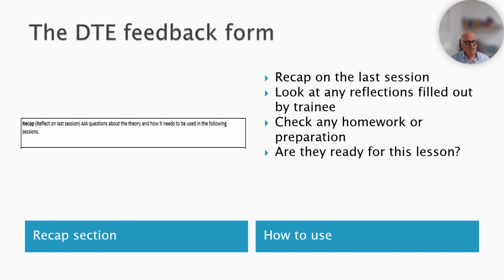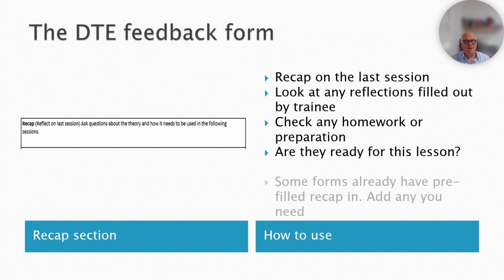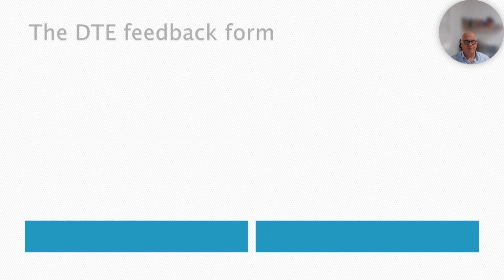So you will need to question them on the plan to understand, are they ready for this session? Just like a learner, really. Some forms, as I said, already have the recap filled in for you, or part of it will be filled in for you to help you, to prompt you really into what you should be looking for in this section.